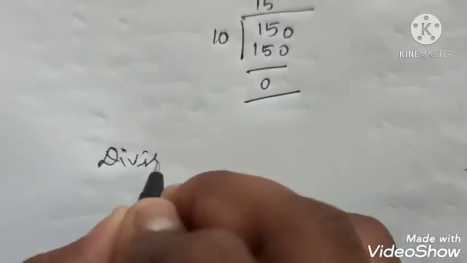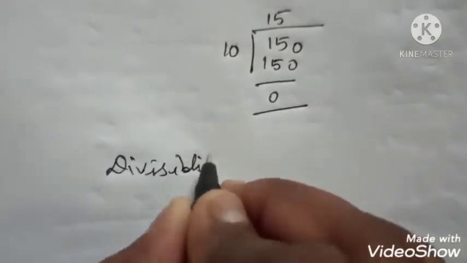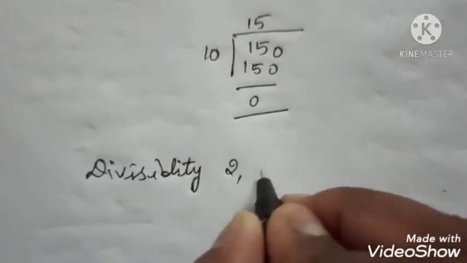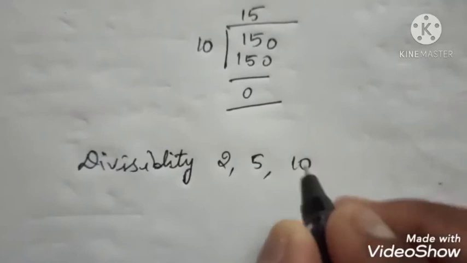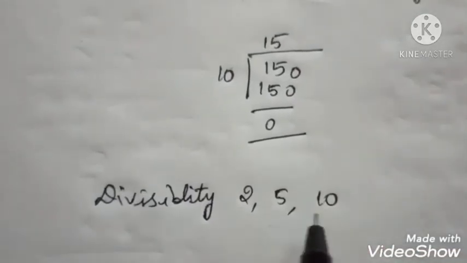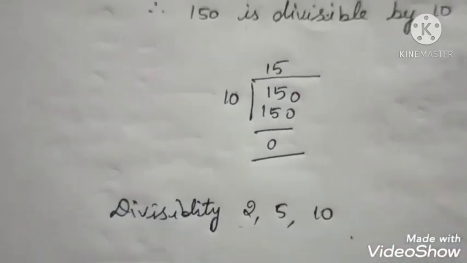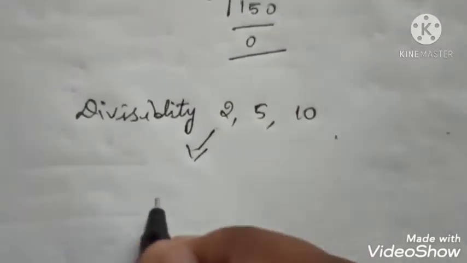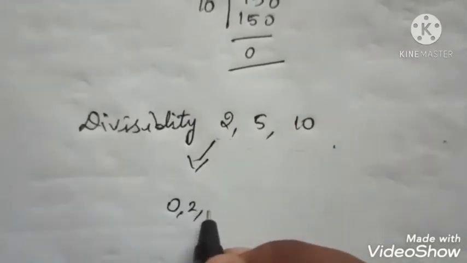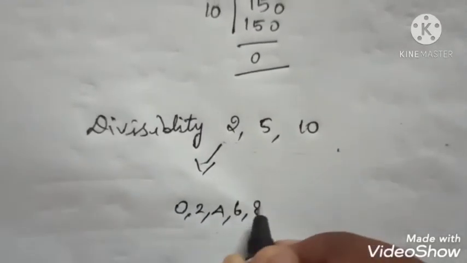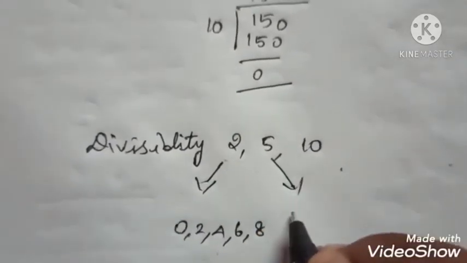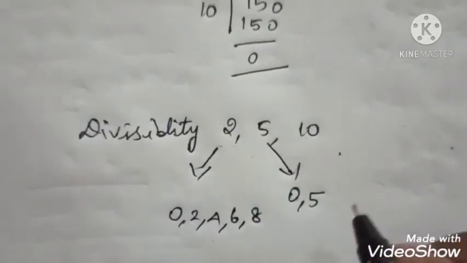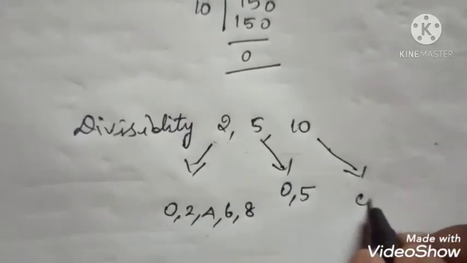We see that divisibility by 2, 5, 10. So I conclude these three numbers. For 2, the unit digit is 0, 2, 4, 6, 8. For 5, only 0 and 5. And for 10, it only ends with 0.